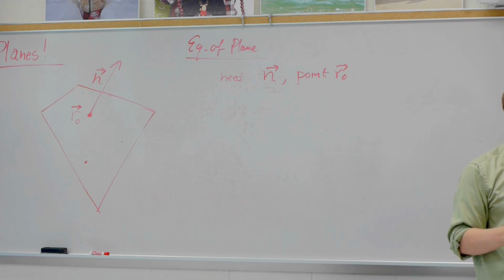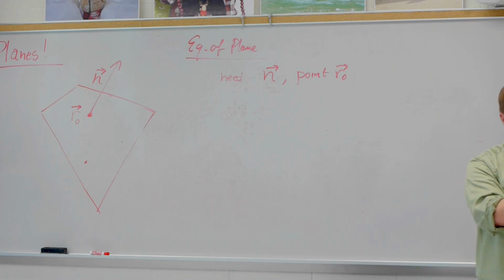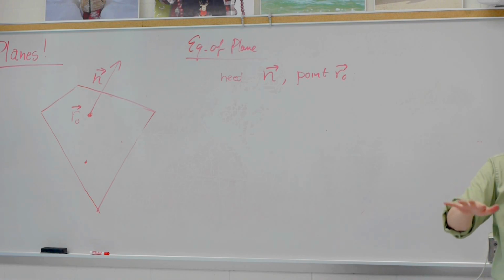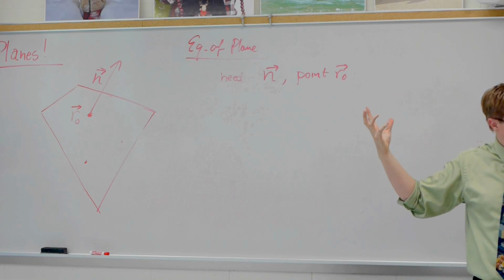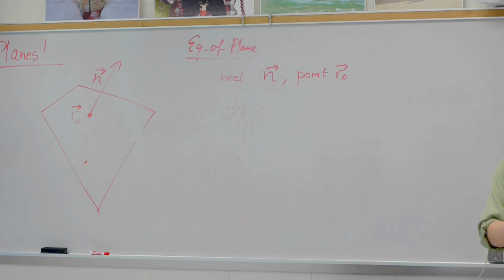A line, you need a point and a vector, but the line is everything on that vector. For a plane, you need a point and a vector, but the plane is everything perpendicular to that vector. If I follow a vector, that's one dimension. If I take everything perpendicular to that vector, it's two dimensions. So it's the same starting information, I'm just using it differently.